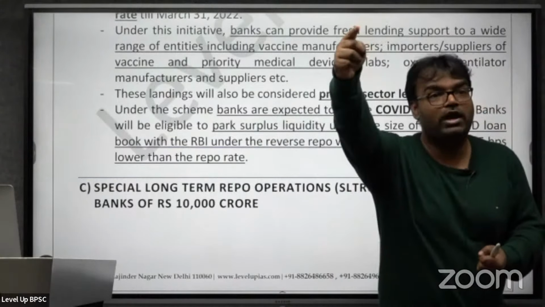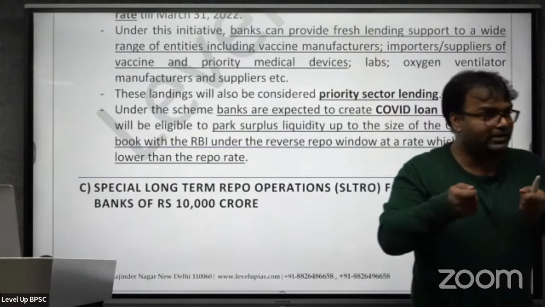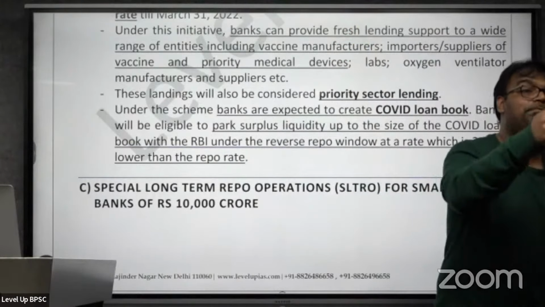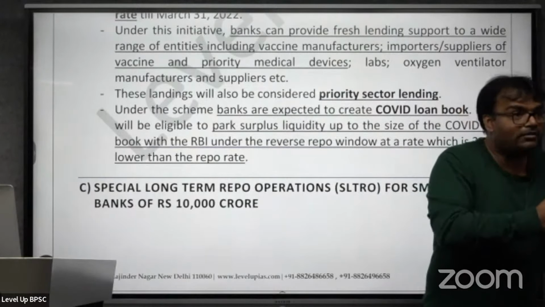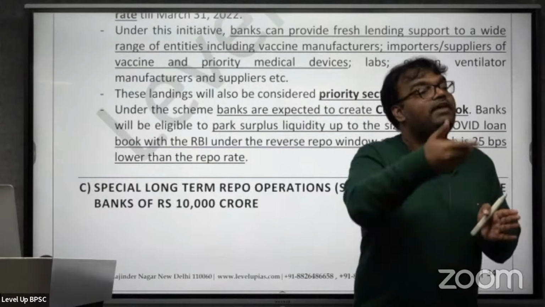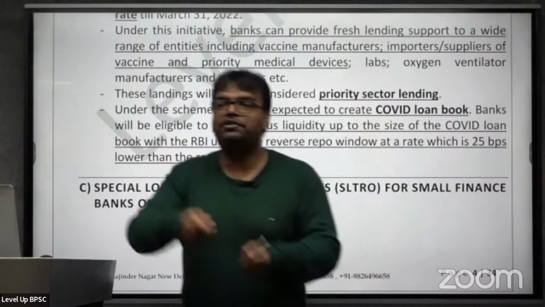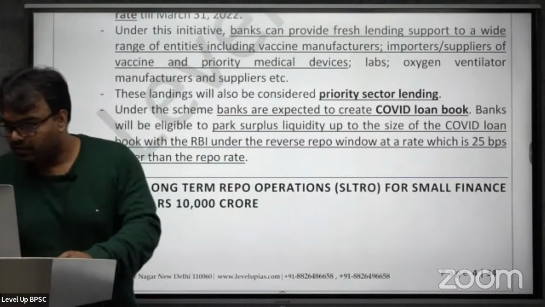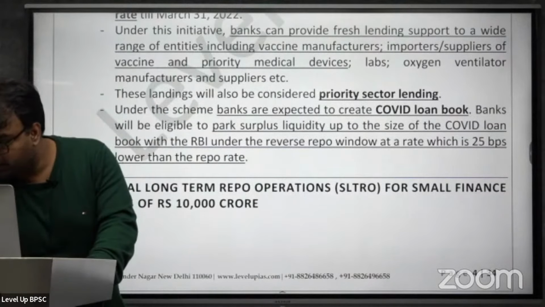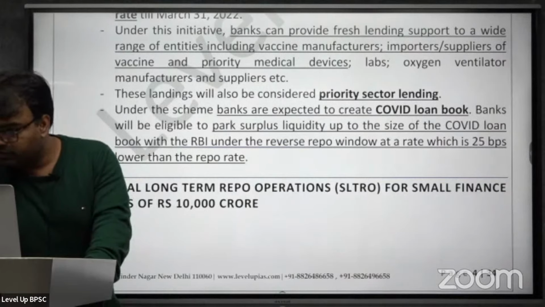In other situation, what would happen? RBI would have taken the money at reverse repo, whose interest rate is much lesser. So here RBI in a way is incentivizing banks. Take this money, give it for COVID-19 purposes. Okay, I hope Khyati Sharma ji, I have tried to answer your question.